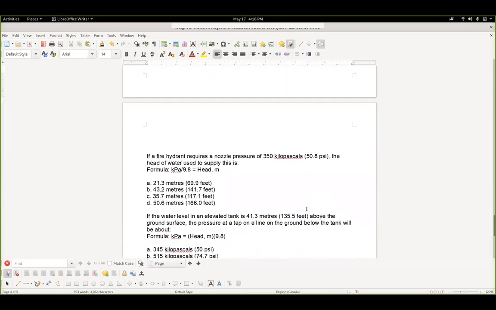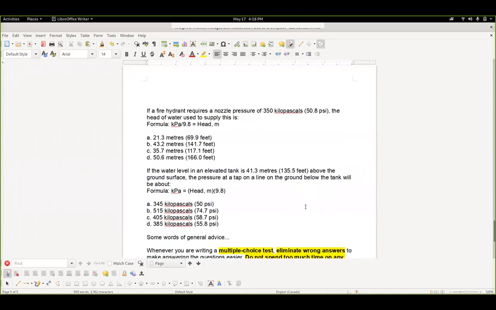If a fire hydrant requires a nozzle pressure of 350 kilopascals, which is 50.8 pounds per square inch, the head of water used to supply this is, using the formula, kilopascals of pressure divided by 9.8 equals the head in meters. So we plug in what we know.